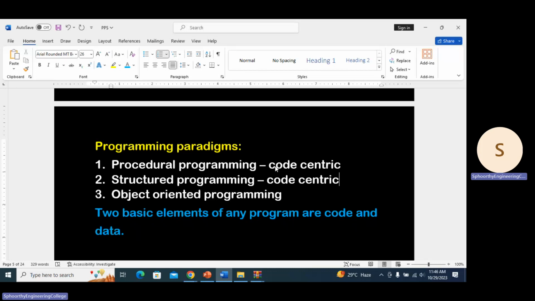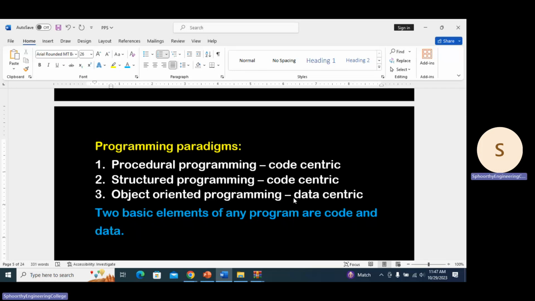And then object oriented programming came into existence, somewhere in the 1980s, right? So object oriented programming is data centric. There are languages like C++, Java, Python, Eiffel, Smalltalk, etc. They are all object oriented programming languages. So object oriented is data centric.